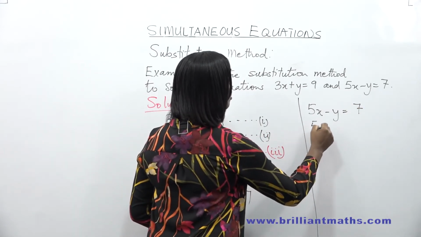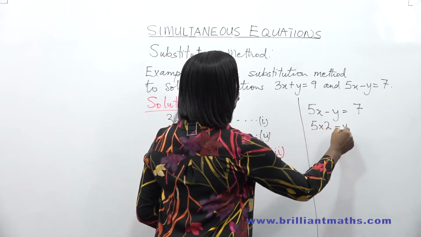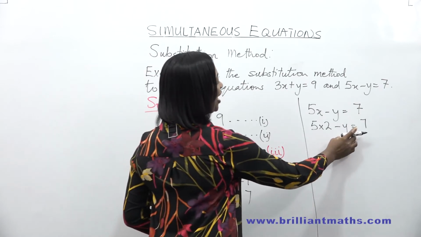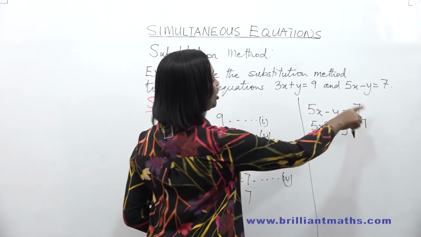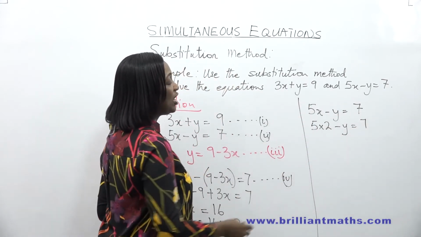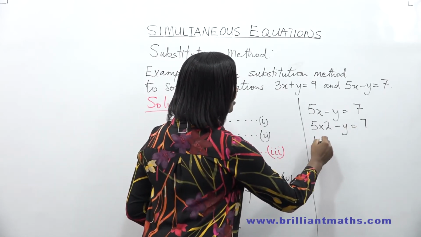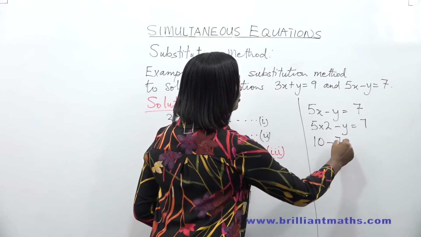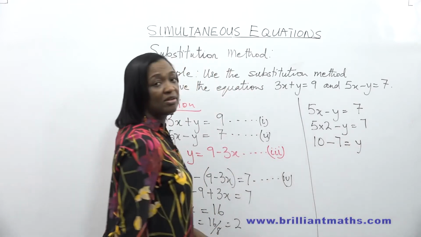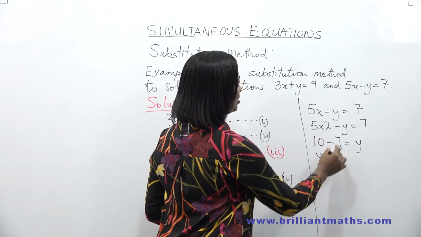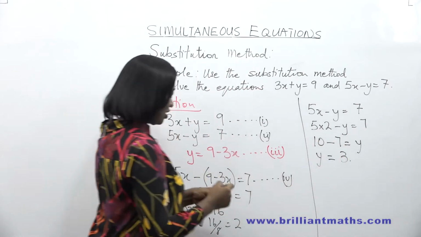So 5 times 2 minus y is equal to 7. y here is negative, so I'll move it to the right-hand side of the equation, and bring 7 to the left. So I have 10 minus 7 is equal to y. So the value of y is 10 minus 7, which is 3.